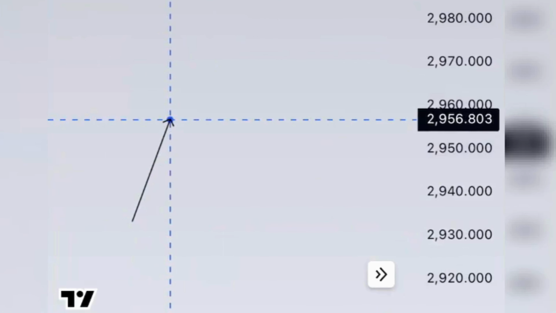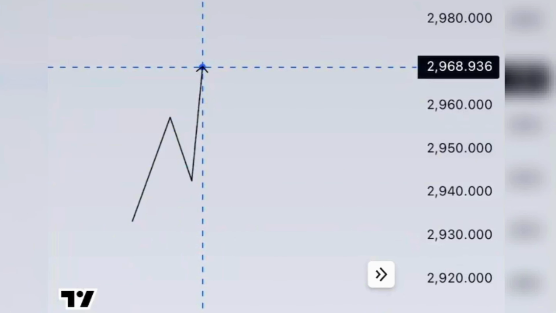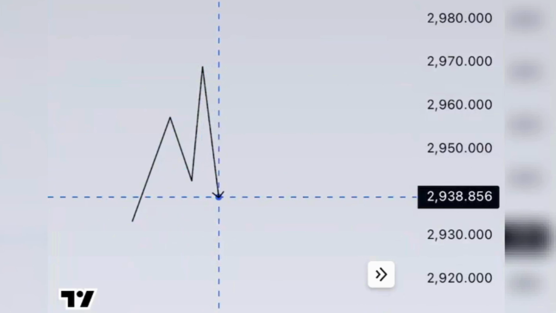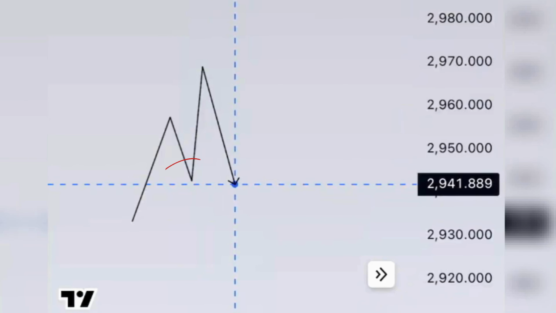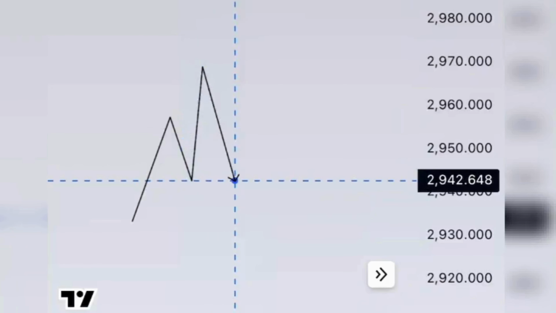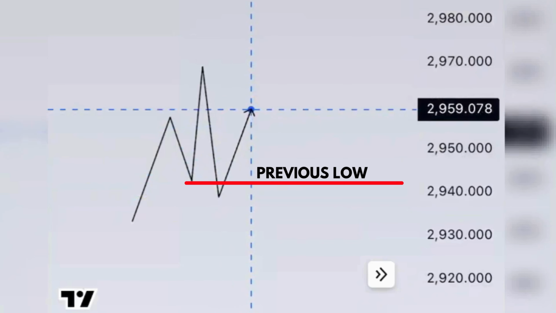We have what you might also want to see as inducement liquidity. So let's say in the same picture, price does something like this where you have a sweep. You want to see price sweep below the previous low.